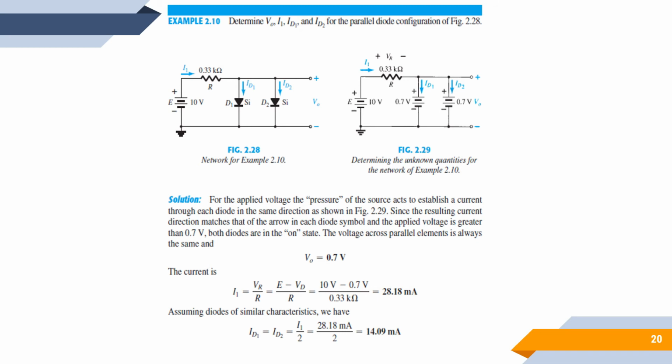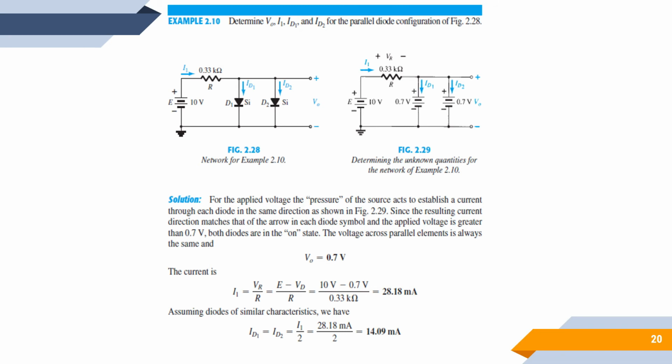So, now, unahin muna natin kunin yung VO, which is we know that it is 0.7 volts. So, para naman makuha natin yung current, I1 is equals to VR over R. So, VR over R is equal rin siya sa E minus VD over R is equals to 10 volts minus 0.7 volts over 0.33 kilo ohms ay I1 is equal now to 28.18 milliamps.